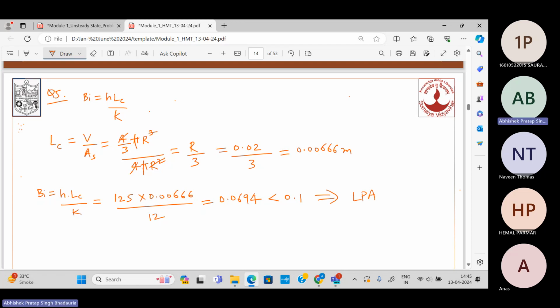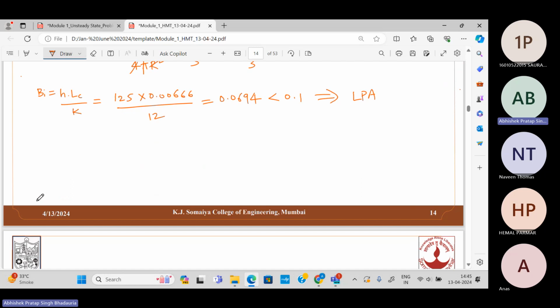Okay, now let's solve the problem. Apply this lumped parameter analysis. So the expression for lumped parameter analysis: T minus T infinity divided by Ti minus T infinity. It is nothing but the excess temperature theta at any place divided by theta i, the excess temperature initially.